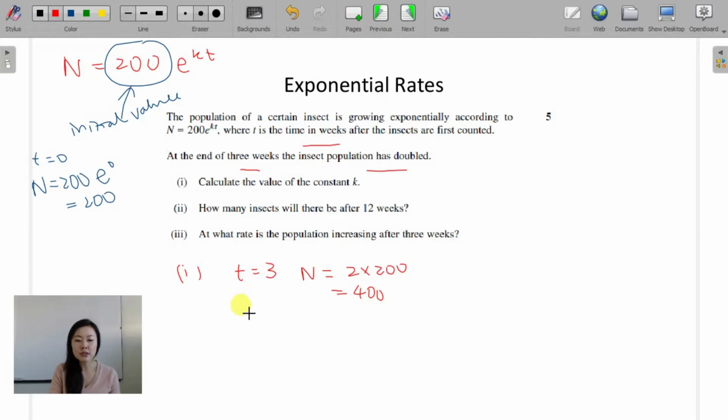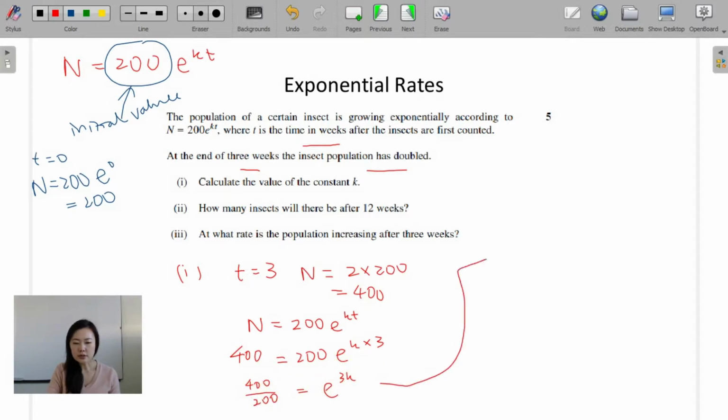All right, so that's all it is. So subbing it into the equation, so 400 and t is 3. So divide the 200 across. I'm just going to do it over here.